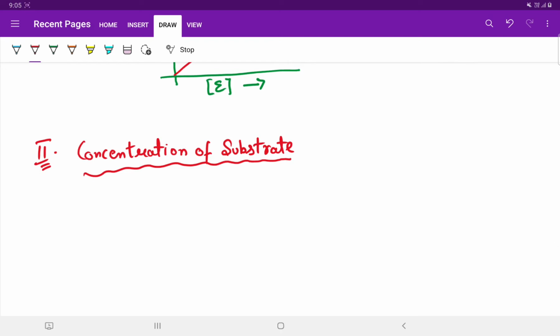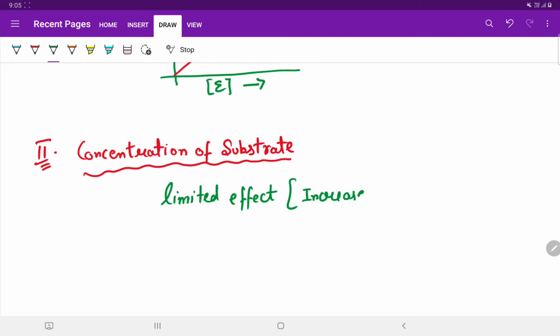The increase in the substrate concentration gradually increases the velocity of the enzyme reaction within the limited range of substrate levels. So it has a limited effect, and this can usually be seen with the increase in the velocity of reaction.